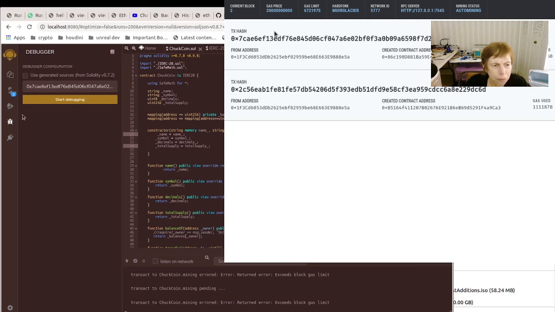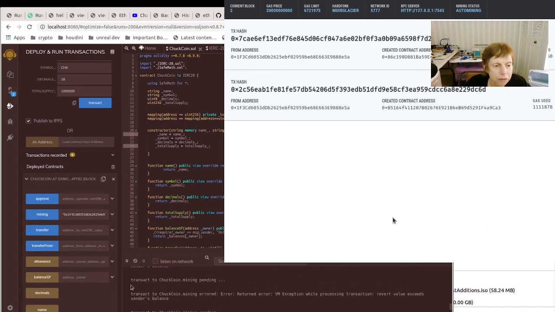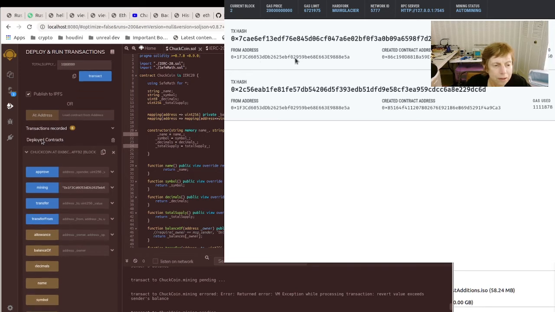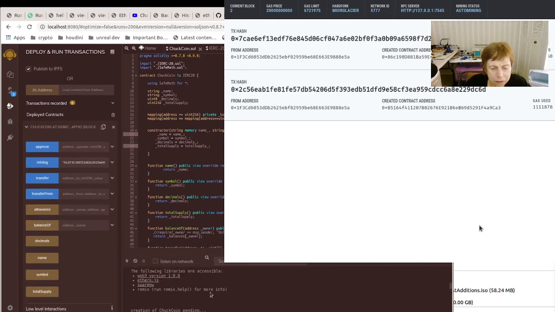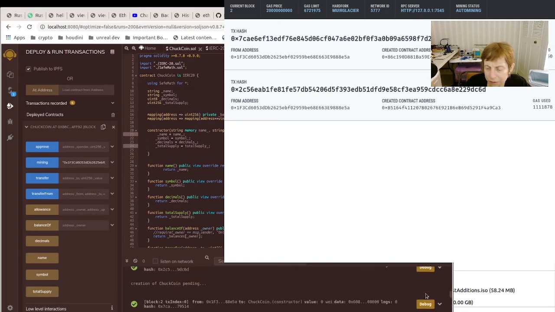I wonder, could it be that the error I keep getting is that it exceeds the gas limit. So the question is, why is the gas so high on this? We were able to, and this one doesn't even get far enough where you could debug.